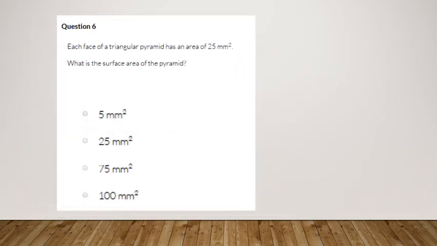Okay, each face of a triangular pyramid. Remember, the triangular pyramid was the one that looked like this. It's made up of 1, 2, 3, and 4 faces.